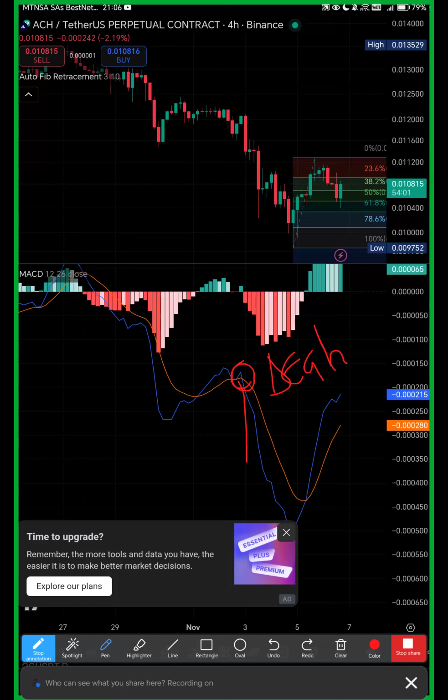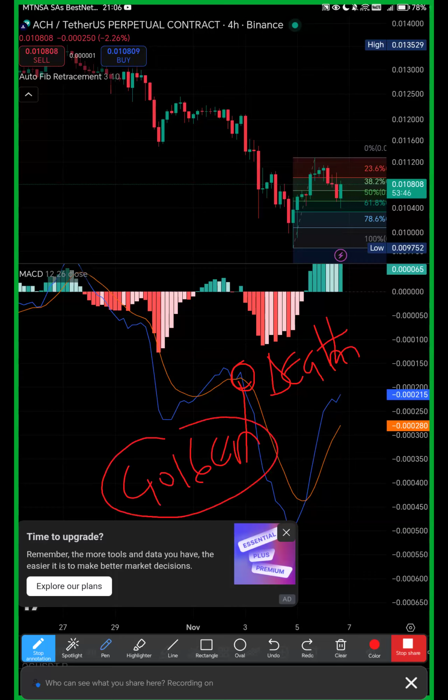So the MACD makes death crosses and golden crosses. A golden cross is an entry point for buyers to buy. A death cross is an entry for sellers.